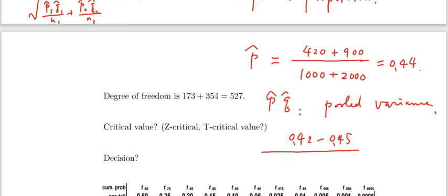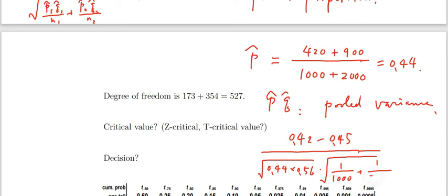Then this sigma equals the square root of PQ, so 44 times 56, times 1 over n1, which is 1,000, plus 1 over n2, which is 2,000, right? So this one is the z value.